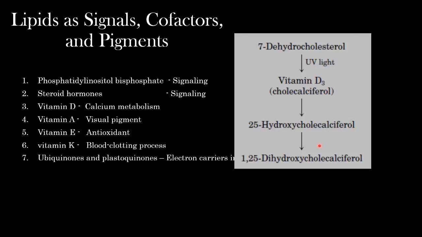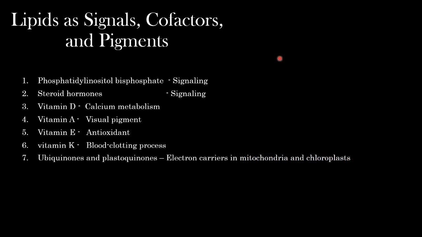When sunlight falls on our skin, the 7-dehydroxycholesterol is converted into vitamin D or cholecalciferol, and this cholecalciferol is converted into 25 hydroxycholecalciferol in the liver, and again this is converted into 1,25 dihydroxycholecalciferol, and this activated vitamin D will do the calcium metabolism. So that's about vitamin D.